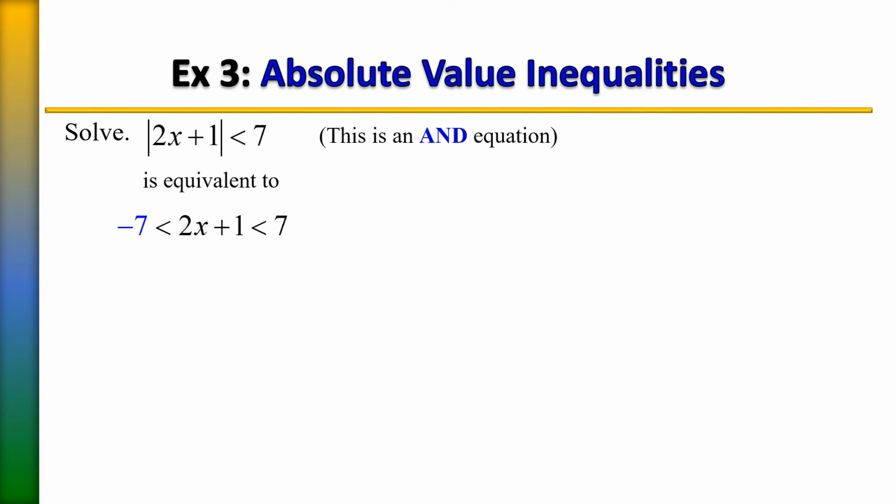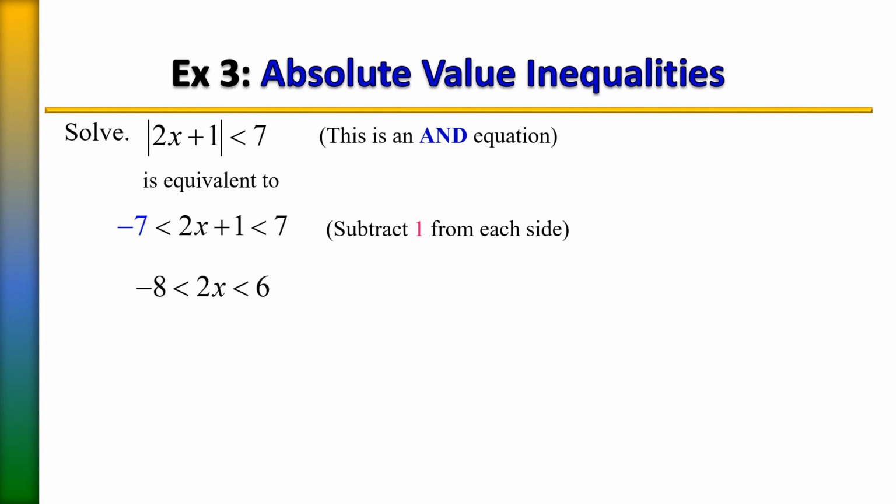We want to solve for x. Right now, 1 is on the side with x, so we have to subtract 1 from all 3 parts of the equation. So once we do so, what we're going to wind up with is -8 on one end, and on the other end we have 6.